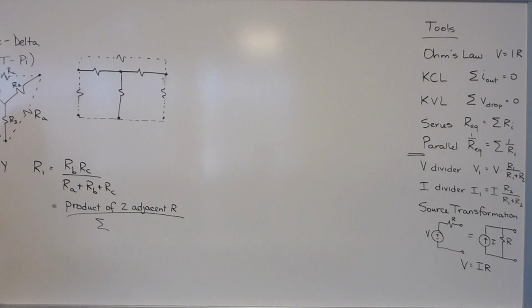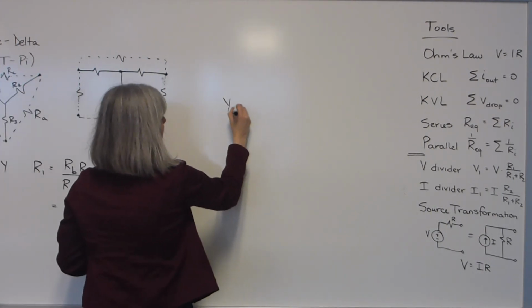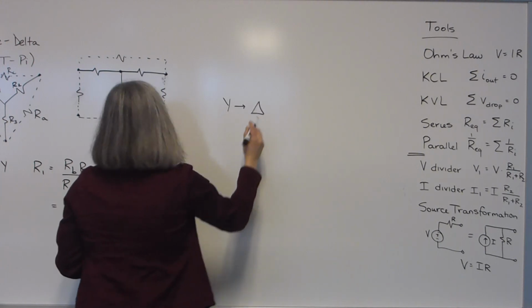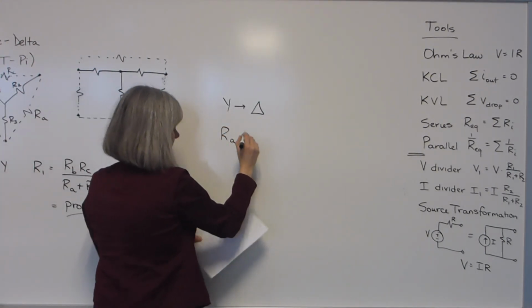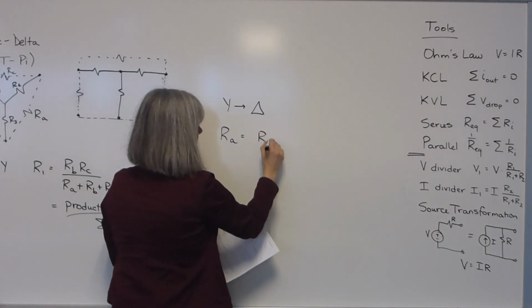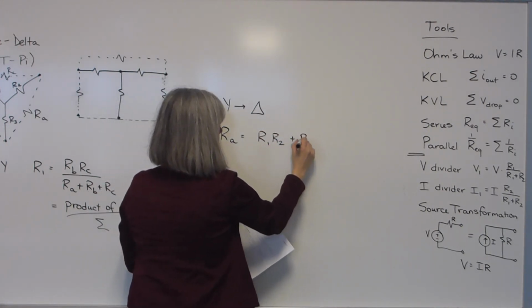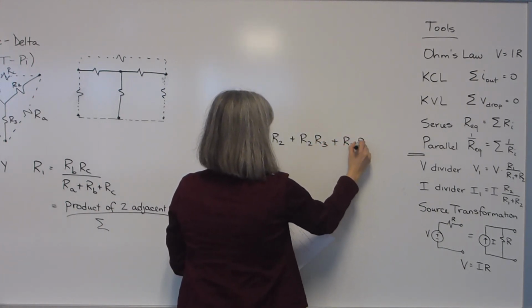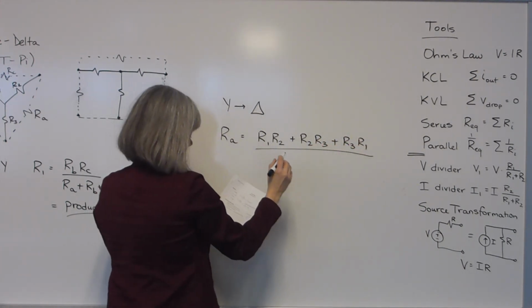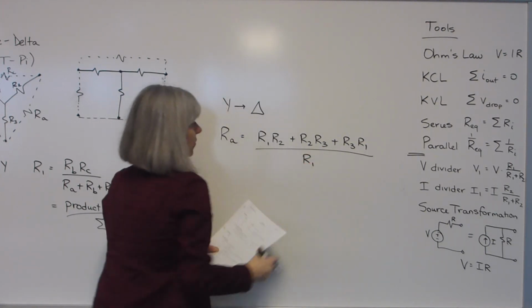Now, if you're going to go the other way, from Y to delta, it looks like this. R sub A is equal to R1 R2 plus R2 R3 plus R3 R1, all over R1.